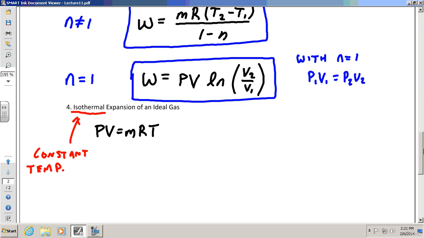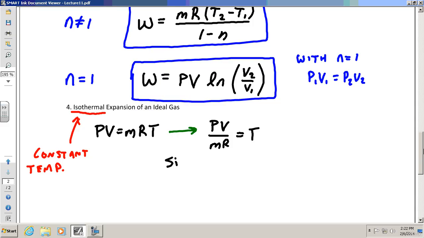If you've got a constant temperature, let me take this equation here and solve it for temperature. It would be PV over MR is equal to T, right? That's just simple algebra. Well, remember that this is closed systems we're talking about here. So for closed systems, mass and R are also going to be constant.